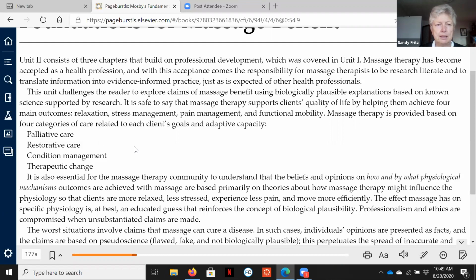These three, palliative care, restorative care, and condition management, are the ones that have the most evidence, most research, and other forms of evidence. Therapeutic change, this reversal idea, does not have nearly as much.